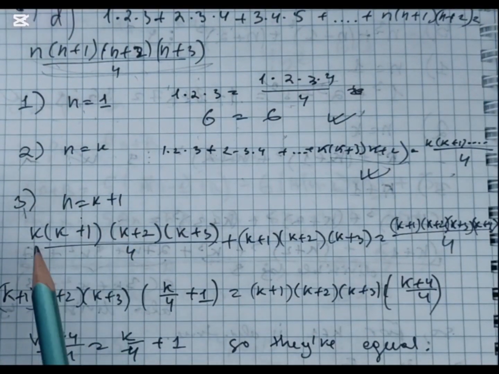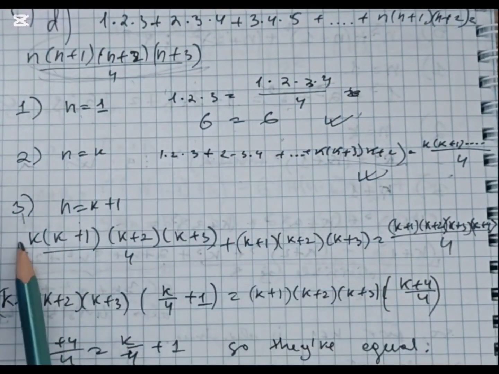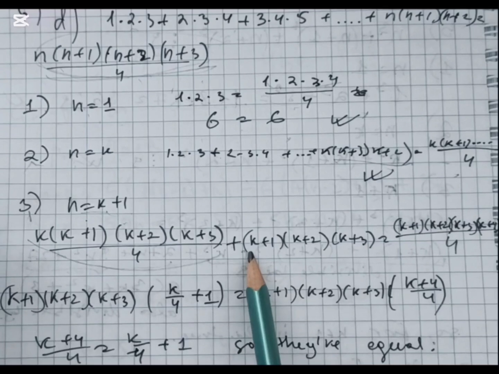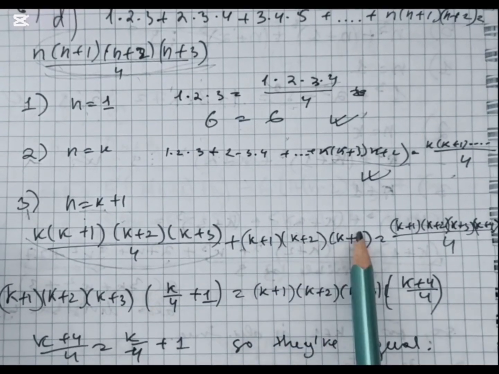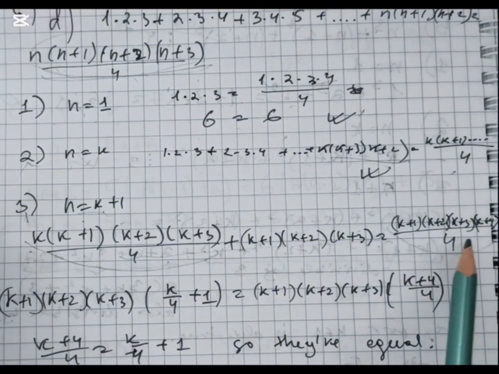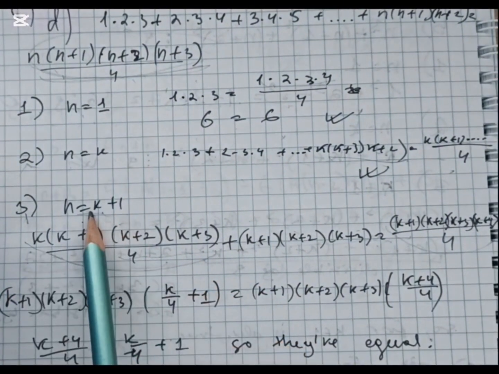And here, we already know that for k, it is equal to this one, so we write this. And for k plus 1, we just have to add (k plus 1) multiplied by the next two numbers, and we have to check that this is equal to this one. It's this formula, but for k plus 1.